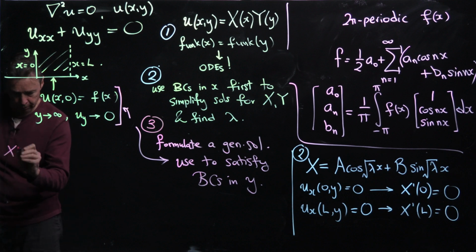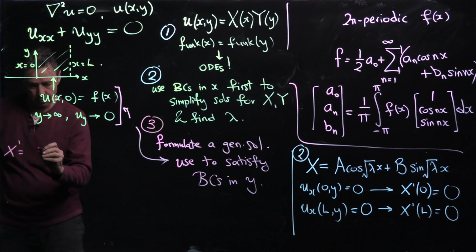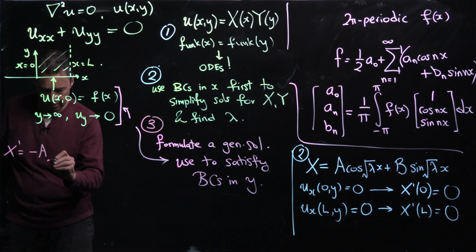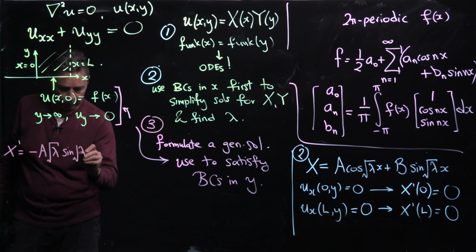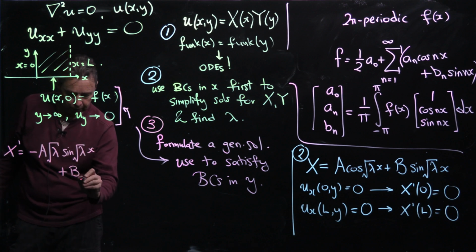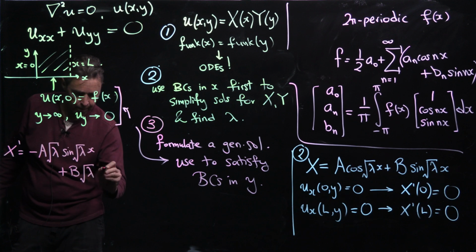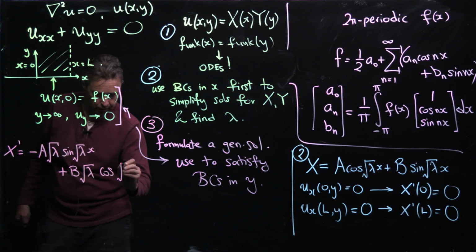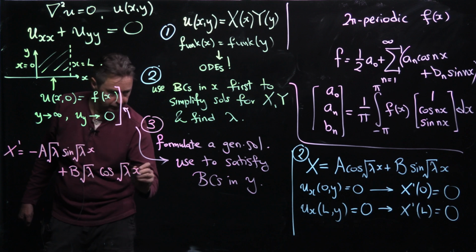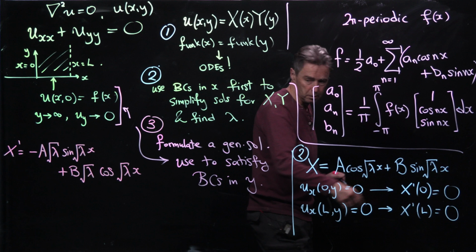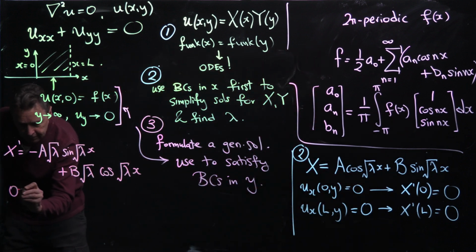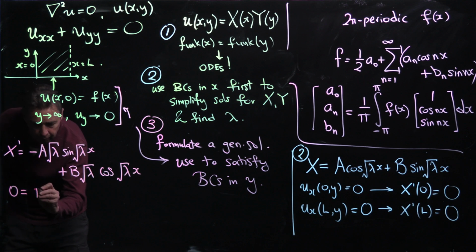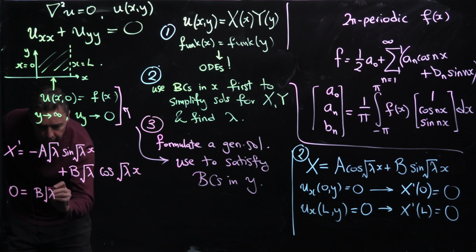So X primed is equal to minus A, the square root of lambda, sine of the square root of lambda x, plus B, square root of lambda, cosine of the square root of lambda x. And that's doing the derivative. Now I put x is equal to 0 for the first boundary condition, and it tells us that 0 needs to be B times the square root of lambda.